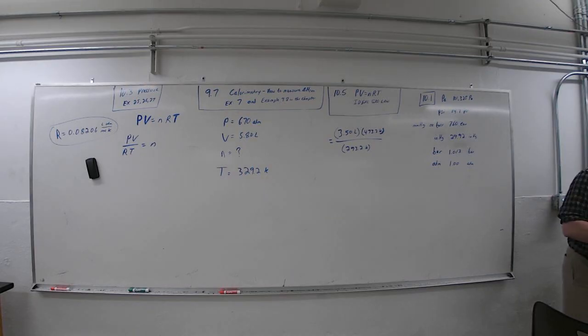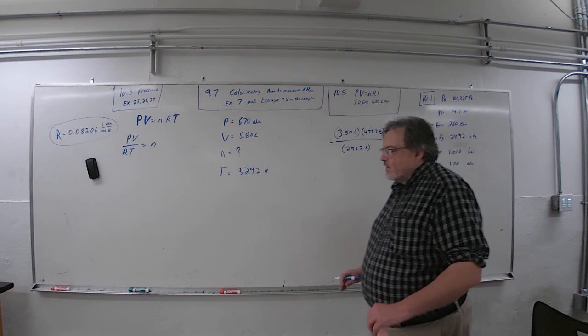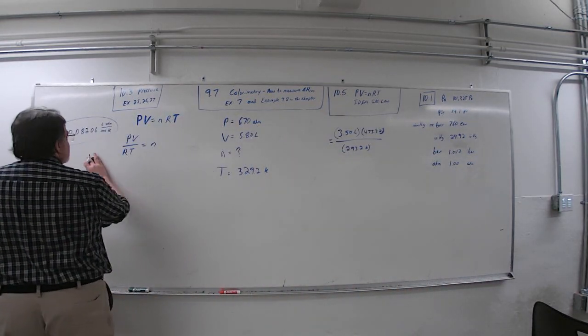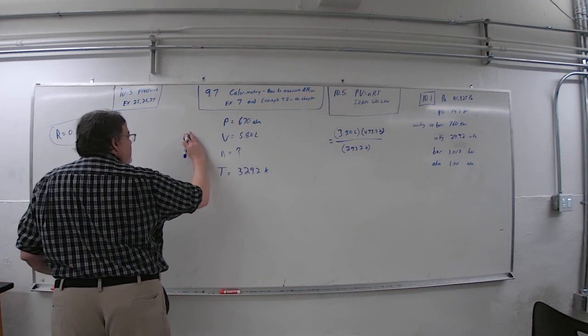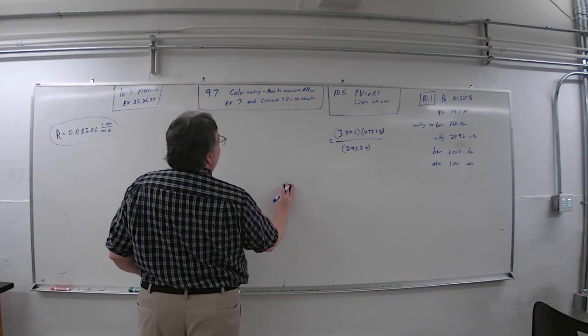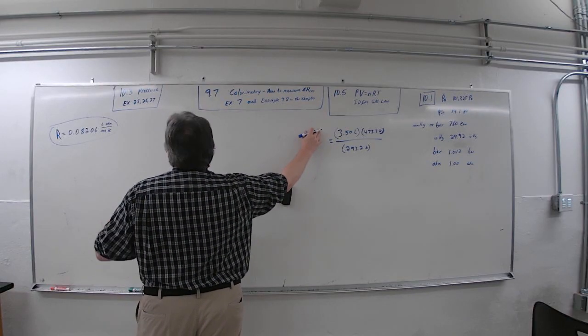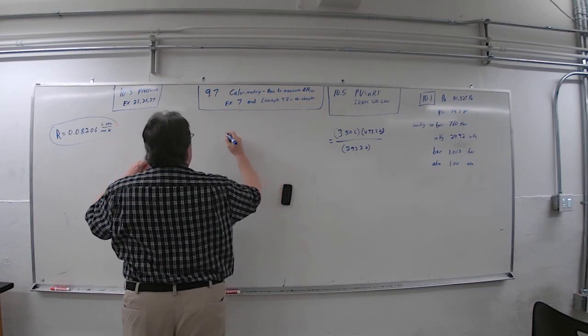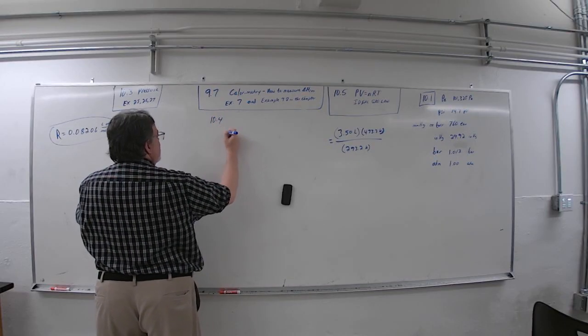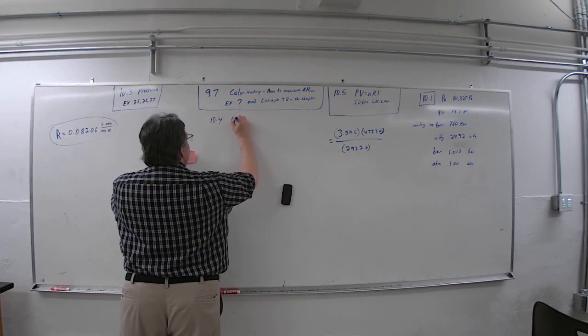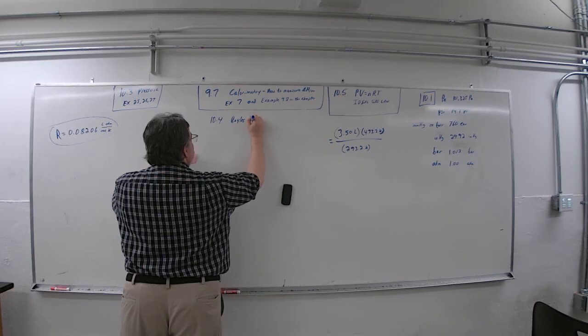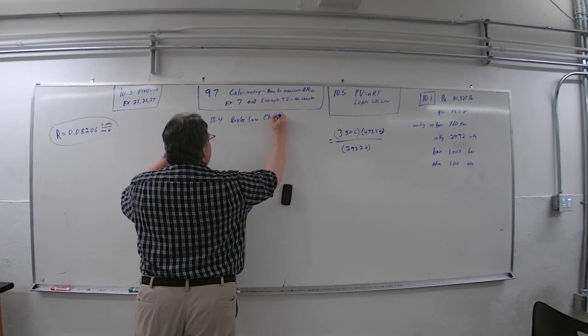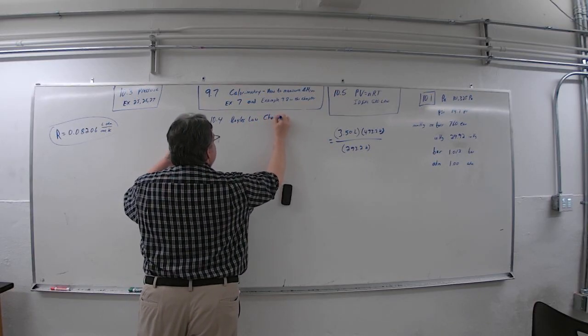Because books like to do this first, but really, everything I just described to you will get you there. In between 10.3 and 10.5 is 10.4, and they do Boyle's Law, Charles.